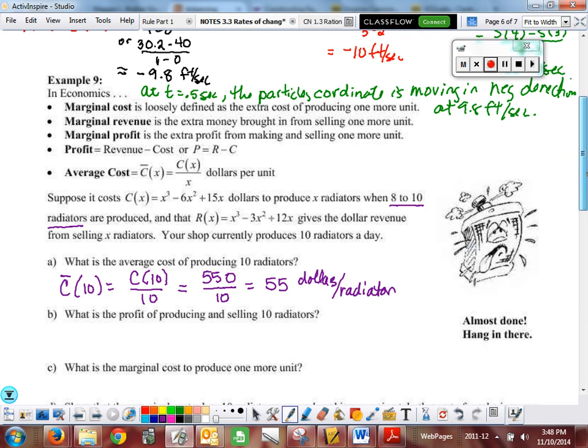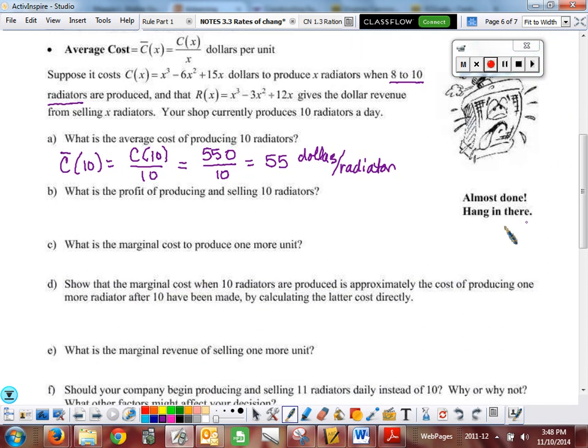And then you're like, okay, now how much am I making? So on average it's costing me $55 per radiator. Now I want to know the profit of producing and selling 10 radiators. So we're trying to find P of 10, and if you'll recall from the formula above, your profit is found by taking your revenue for 10 radiators and subtracting your cost of producing those 10 radiators.